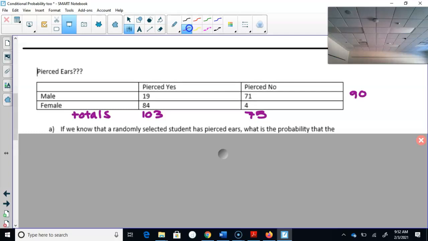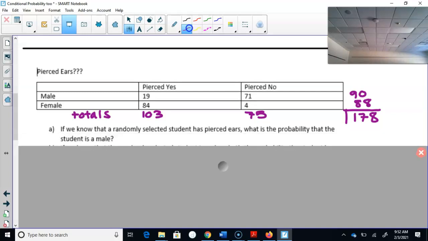And those people identifying as female, 84 plus 4, that gives me 88. And then I take 90 plus 88, and that gives me 178, the grand total of how many people were interviewed or sampled.